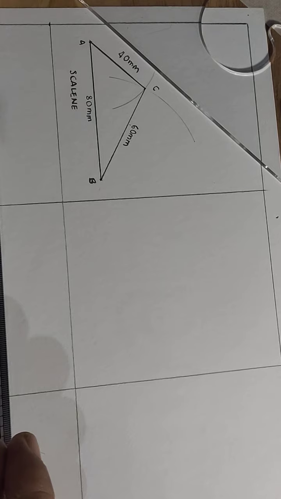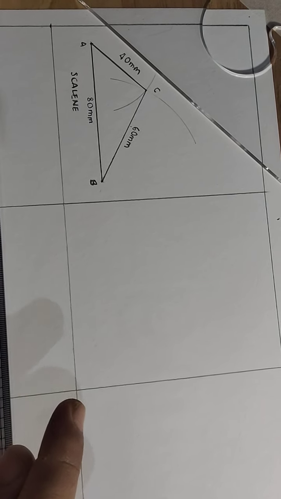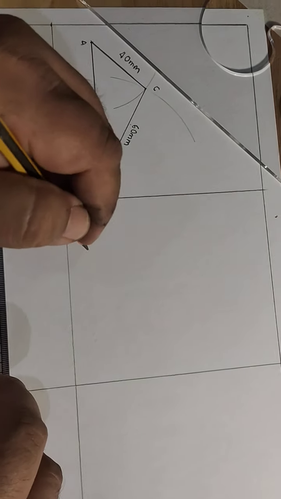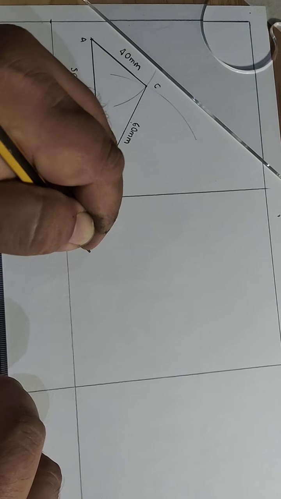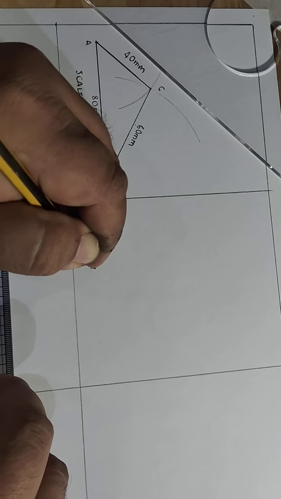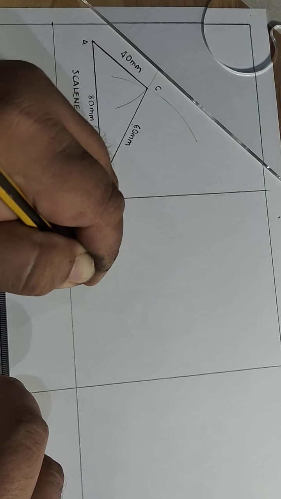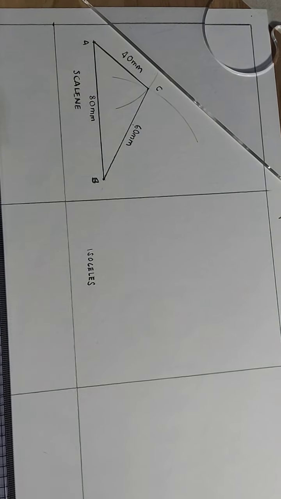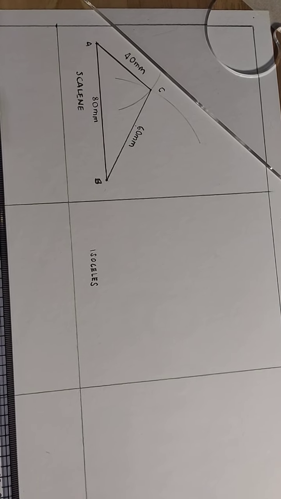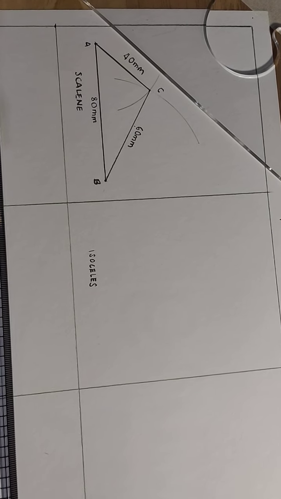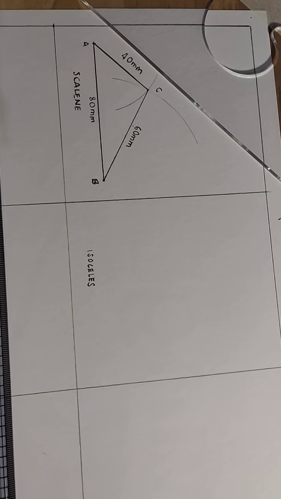Now I would like to demonstrate to you the second triangle, which is the isosceles triangle. What is the meaning of isosceles triangle? An isosceles triangle means that it has two sides of equal length.